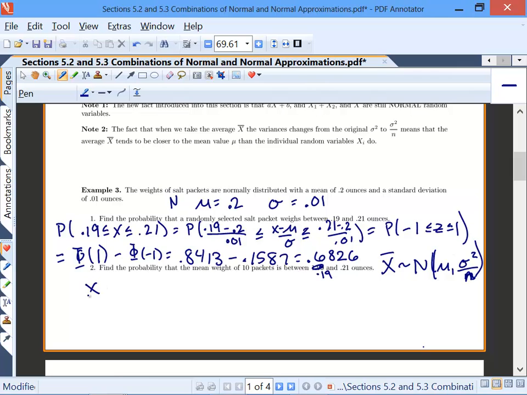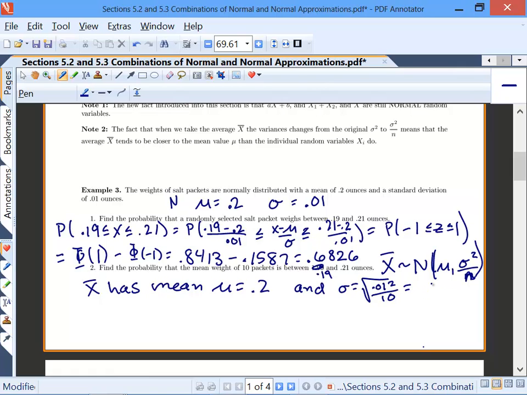Okay, so x bar has mean mu equals 0.2, and what is the standard deviation going to be? Because standard deviation is what I need to standardize. It's going to be the square root of the old variance. Now, they didn't tell me my old variance, but the old standard deviation was 0.01, so 0.01 squared divided by n. So how many packets did I look at? 10.